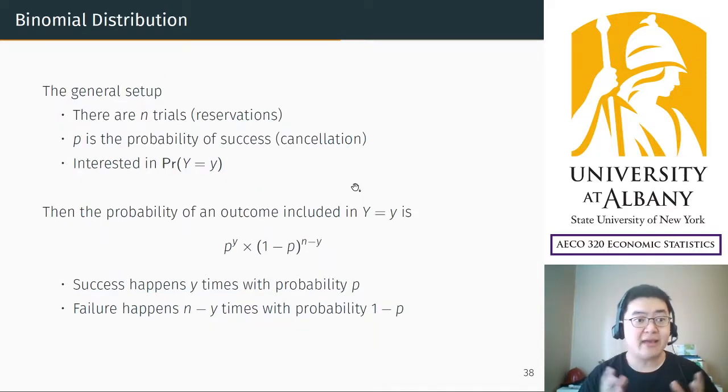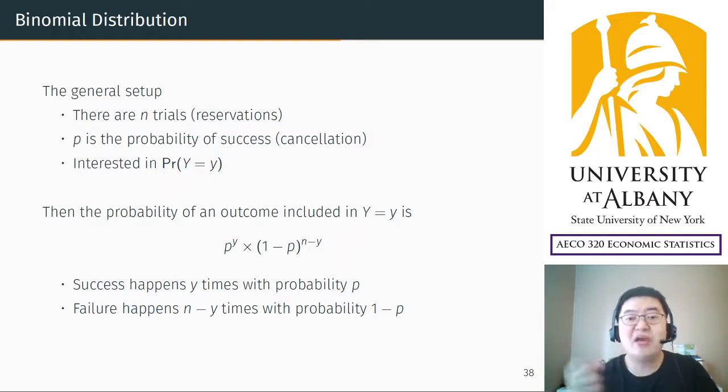Okay, let's generalize. So there are n trials, or in our example, reservations. And P is the probability of success, as we assumed at the beginning of the binomial distribution. In this example, success is cancellation because we are counting the number of cancellations.